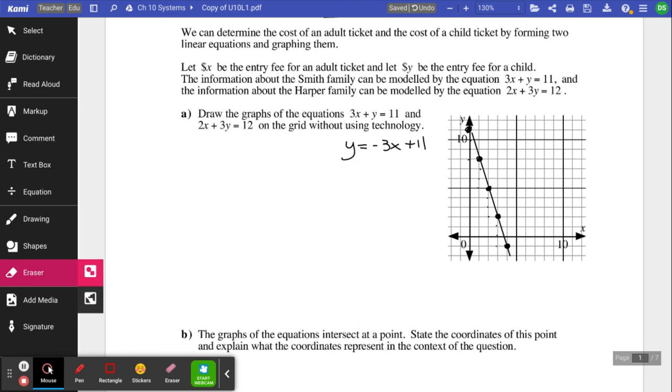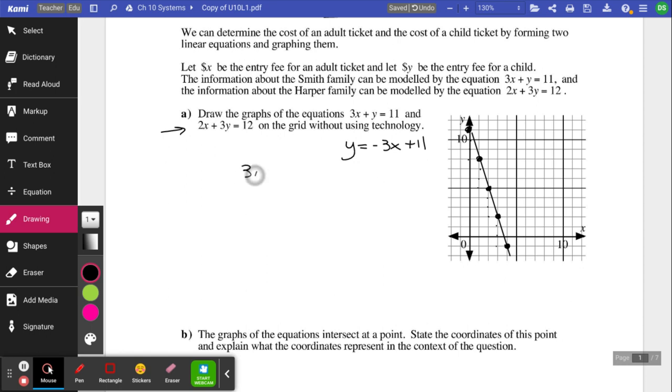Okay, let's rearrange. Victor, if you were going to rearrange this, what would you do? I think you'd put the y on the right-hand side of the equal sign? Yeah. So you want to put the 3y over here on that side of the equals? You got to make it a minus then, right? And then leave the 2x over here. What do I do with the 12?